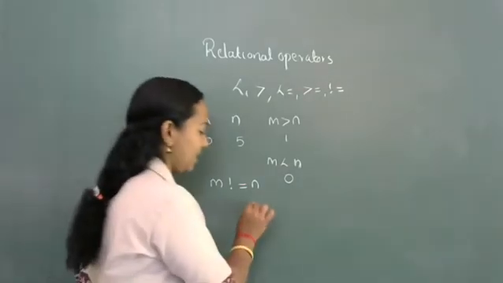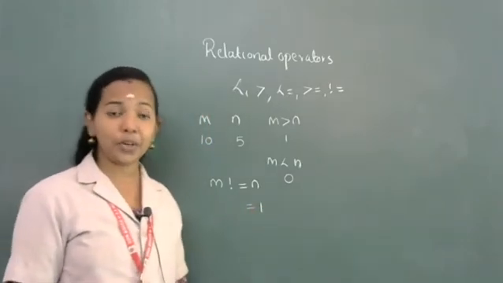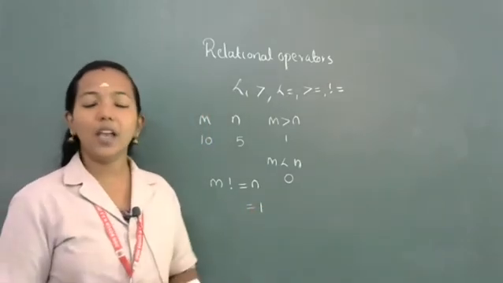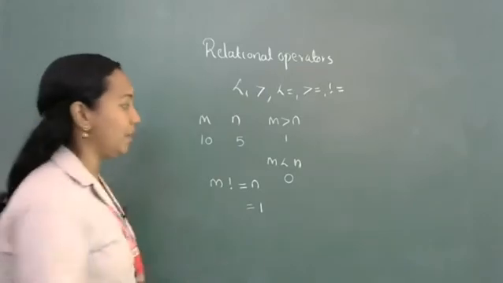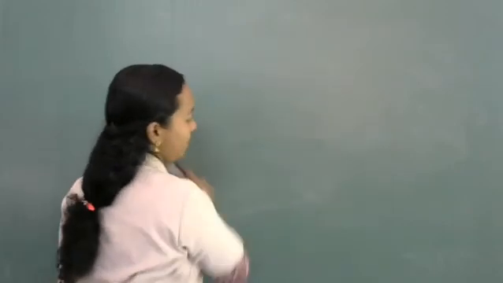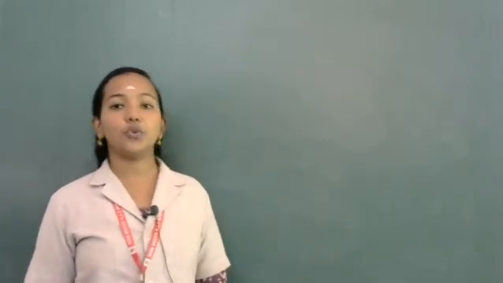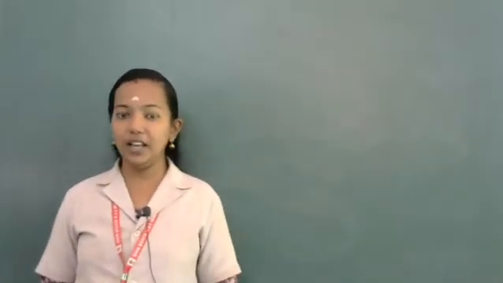So the answer is 1. Less than or equal to, greater than or equal to, any kind of operation we can perform, but in all operations what will be the result? In all operations the result will be 0 or 1. 0 indicates a false value and 1 indicates a true value. Clear? So that is the first category, relational operators.